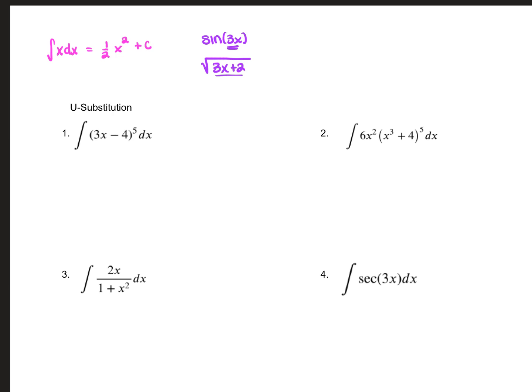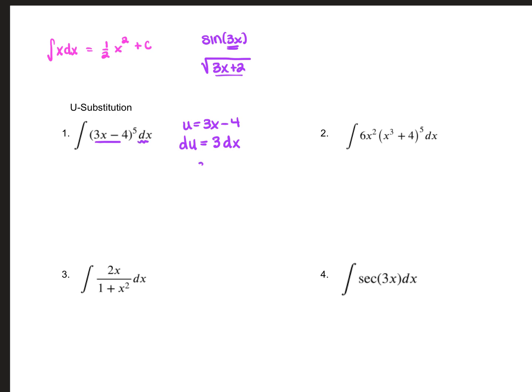So on this first one, I would let U equal this inside. Since that is x to the 1st power, I don't need any of my x's to cancel. Whenever we take our U, that means we're going to have to change our entire integral over to u's. So instead of dx, I'm now going to have du, which is the derivative of u, which will be 3 dx.